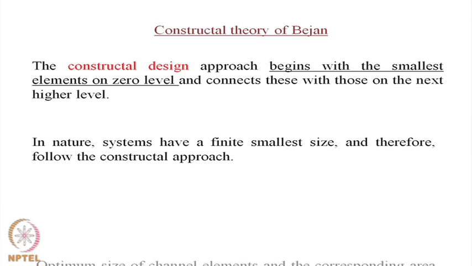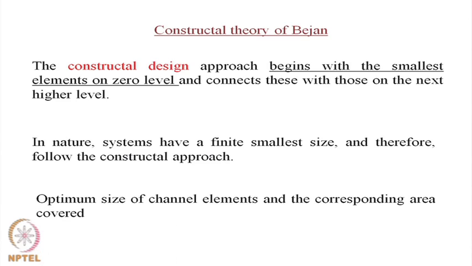In nature the systems have a finite smallest size, and therefore they follow the constructal approach. The question is, how do we find out the optimum size of channel elements and the corresponding area covered?